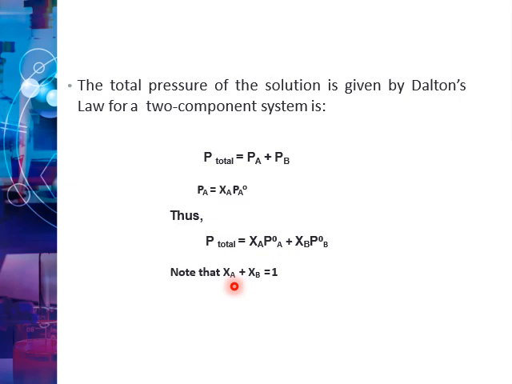Because X, as I said earlier, is the mole fraction of component A, when we add the mole fraction of another component B, the sum should equal 1. So XA is normally 0 point something, like 0.8 plus 0.2 for XB, which gives 1. It's always equal to 1 because mole fraction is always equal to 1 mole.